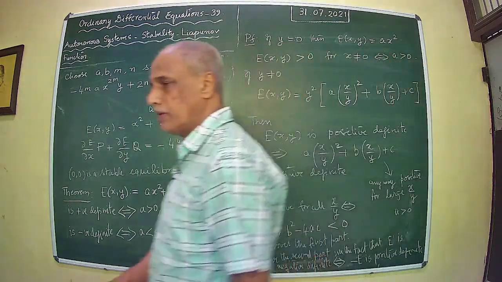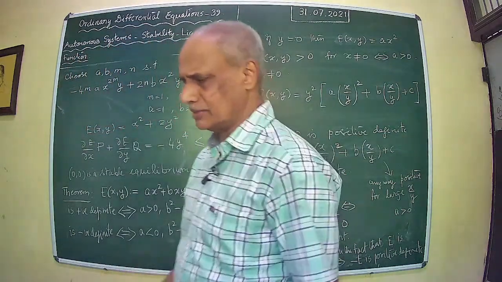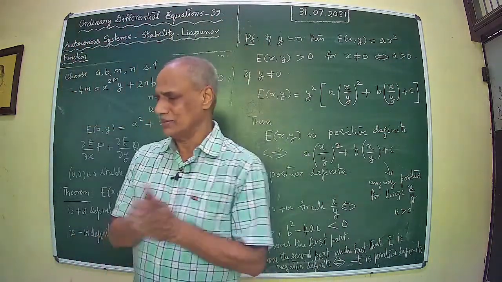So we already know what we mean by minus E is positive definite. Apply that so you get the result. Okay, thank you very much. That completes the proof.